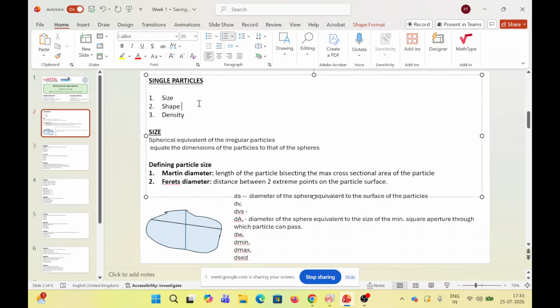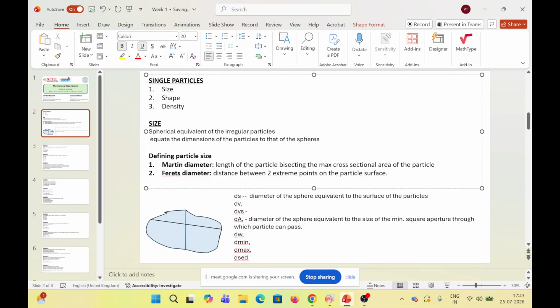Now we have to go for the particle shape. Like how I said that each and every solid particle comes in different sizes, similarly they also happen to have different shapes.